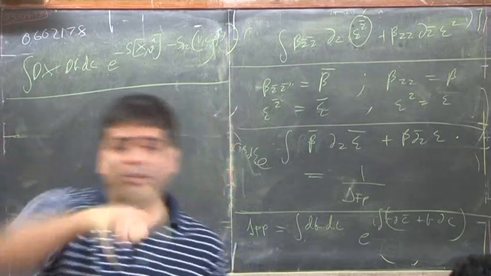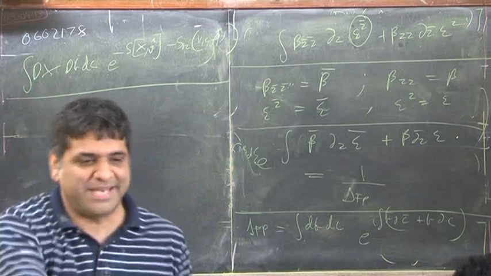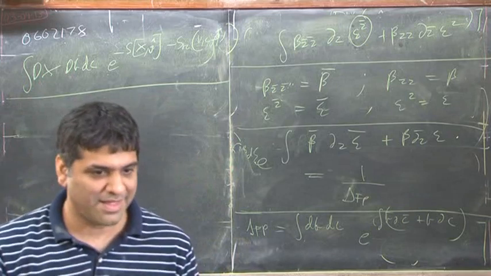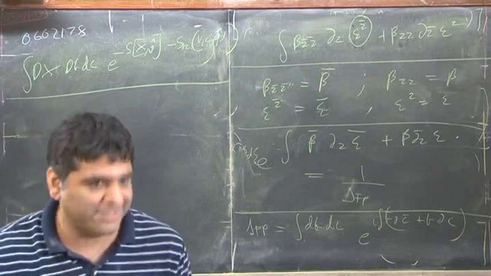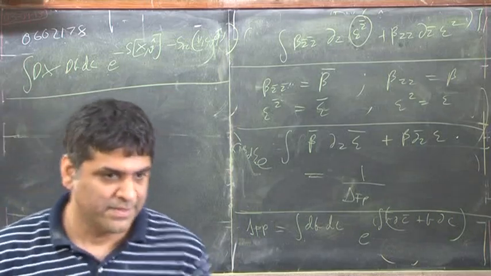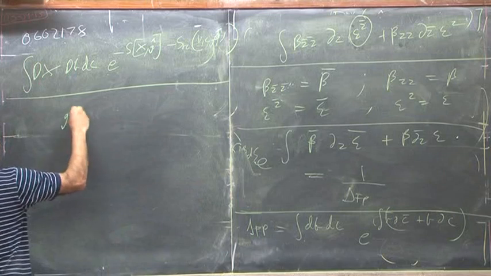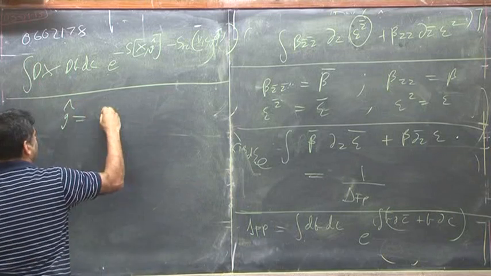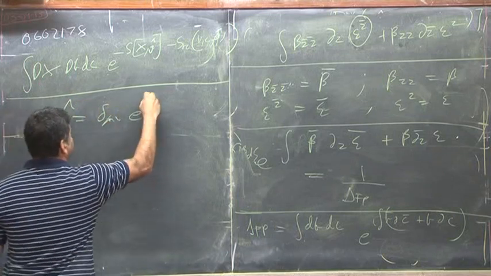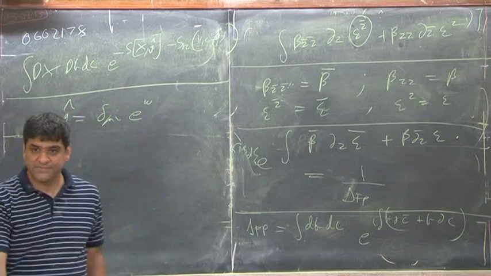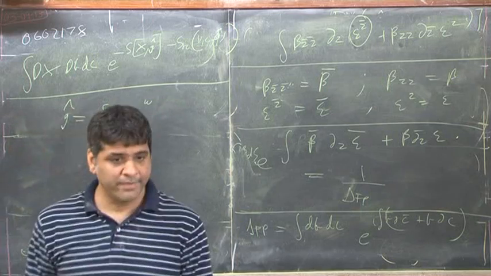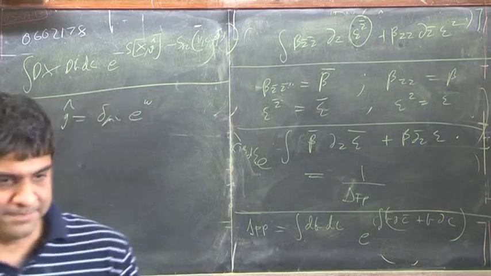Dependence on diffeomorphisms, of course, we don't expect any. The non-trivial part of the dependence on the metric is the dependence on omega. That's what we kept track of. So we can ask the following question: what if we take a metric of the form g hat equal to delta mu nu times e to the power omega? How does the partition function depend on omega?